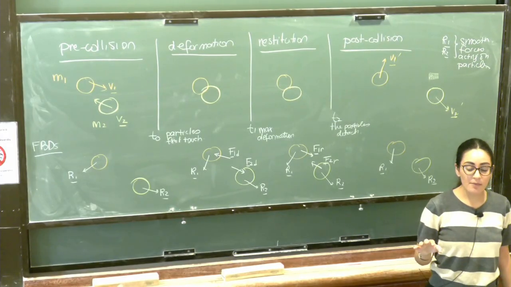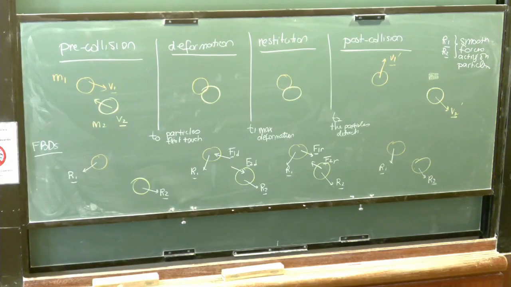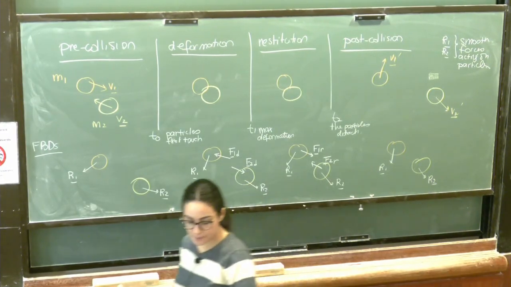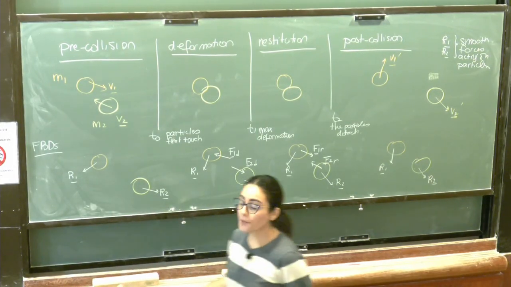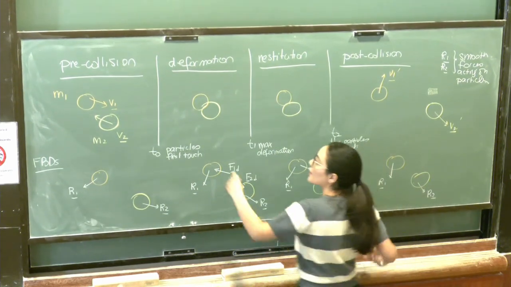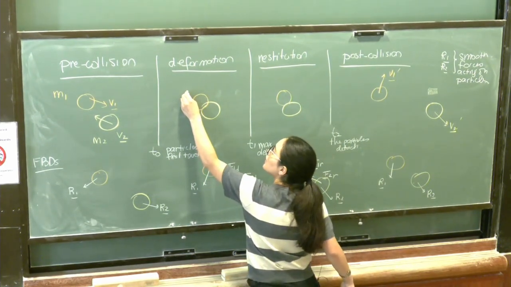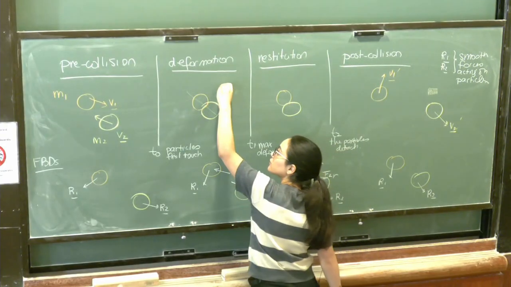What I'm going to do is make an additional assumption about the direction of these forces. So when I look at the collision of the two particles, I can draw a common normal between the two particles and a common tangent.